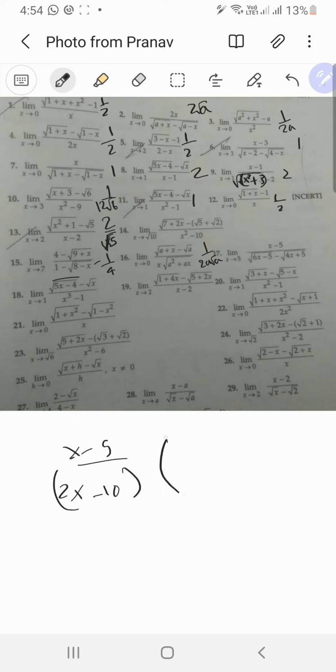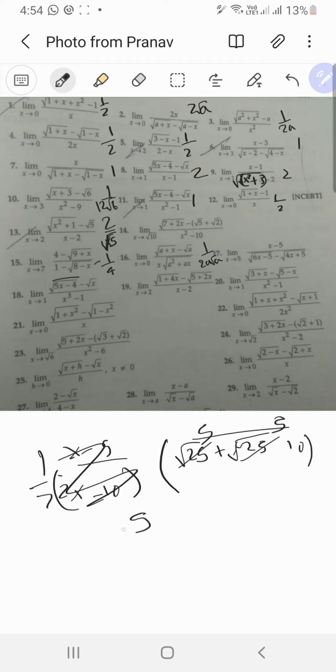Okay, and then just put 5 into this, so this should be 30 minus 5 is square root of 25 plus square root of 25 once again. This thing is 5 5, this complete thing is just 10. This is 1 by 2, so this should be 5. So 5 is the answer.